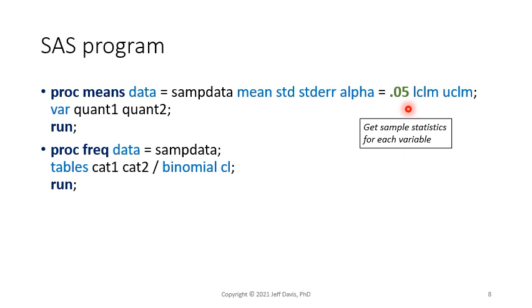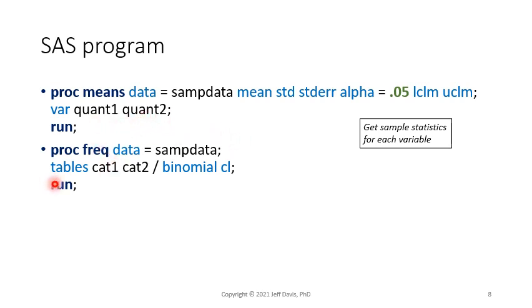Those two values are the lower confidence limit and the upper confidence limit, just like we talked about in the lecture. So that's for the two quantitative variables.